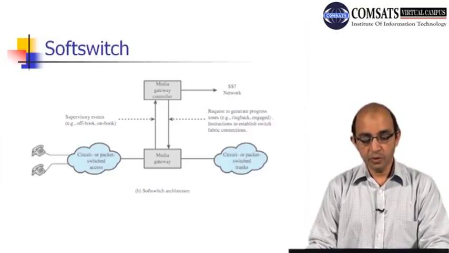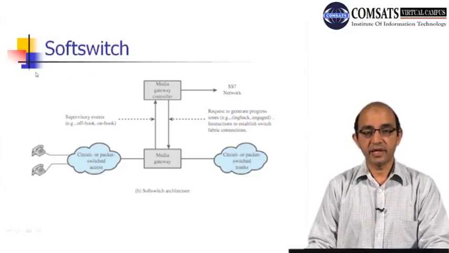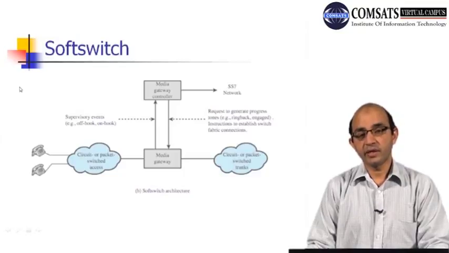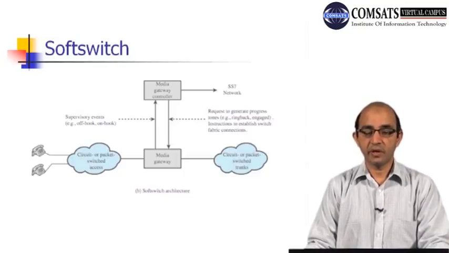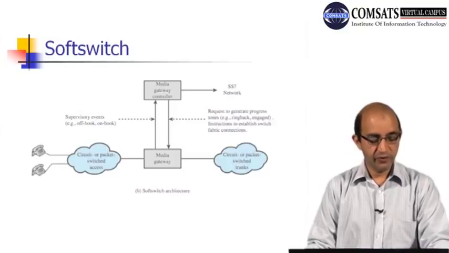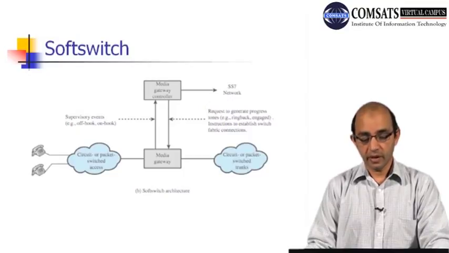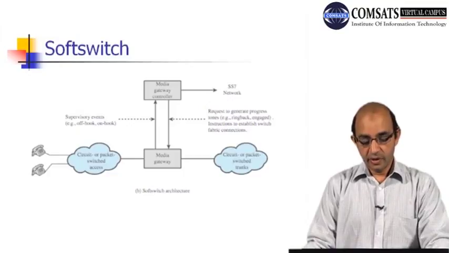Most of the functions are software based, and we only need a switching card, that is a TDM card, in order to convert a simple desktop PC into a PBX, or private branch exchange.